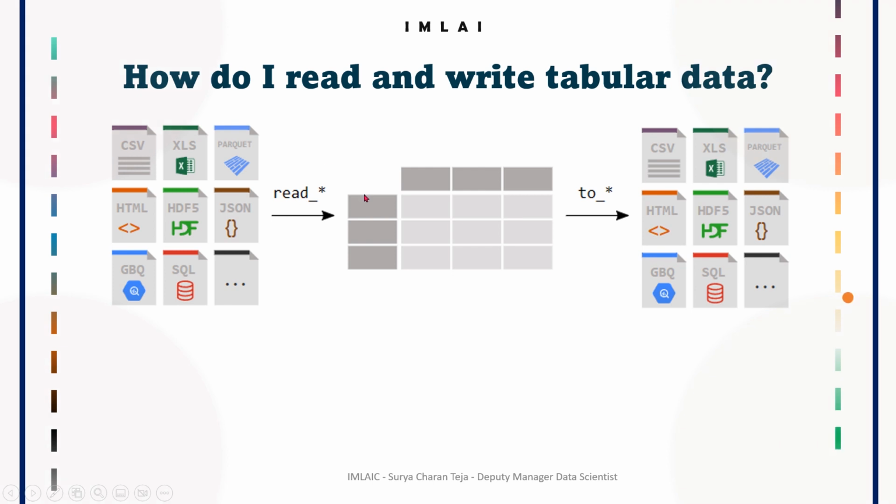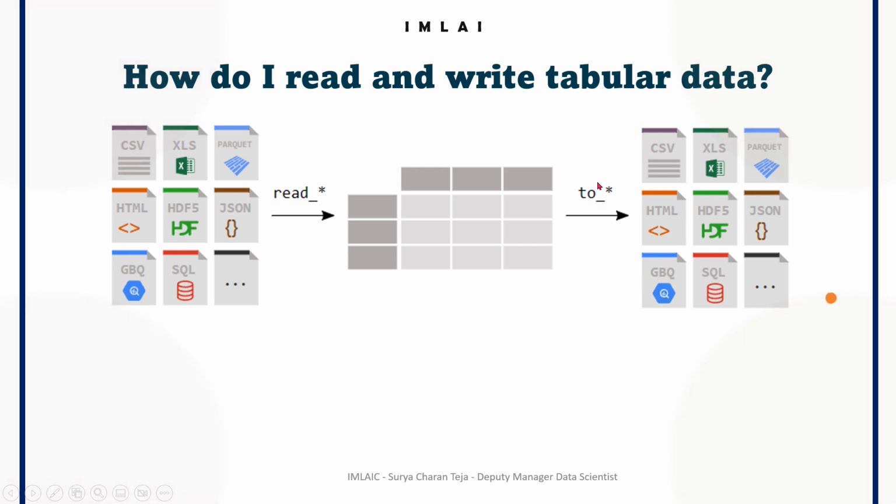Read any type of format, to any type of format. That's read underscore asterisk and to underscore asterisk. To read any type of file, we use read underscore and then the respective file format type, and to write that into a respective file format, we will use to underscore and the respective file format.